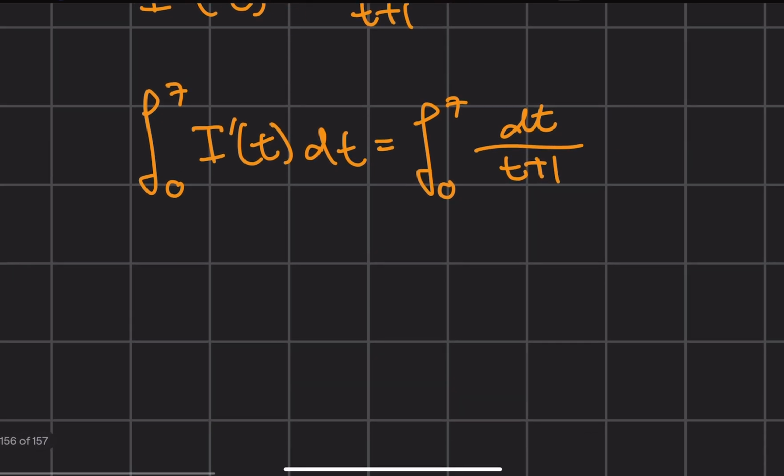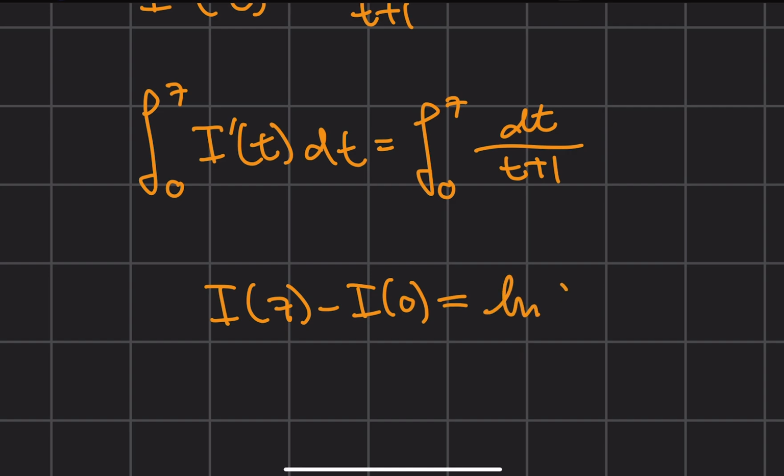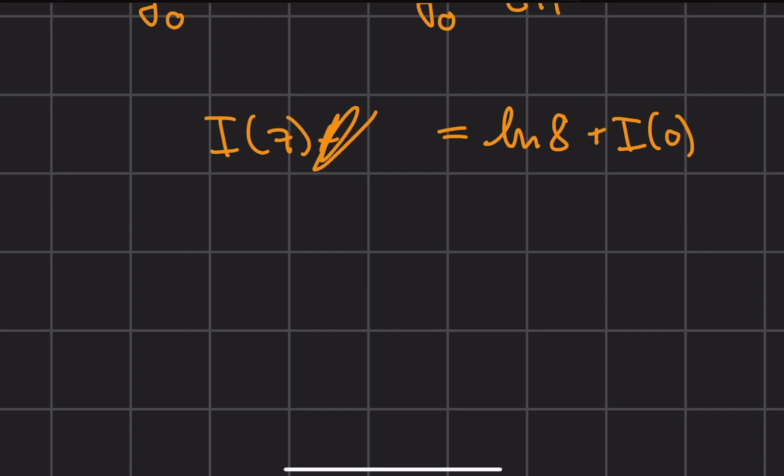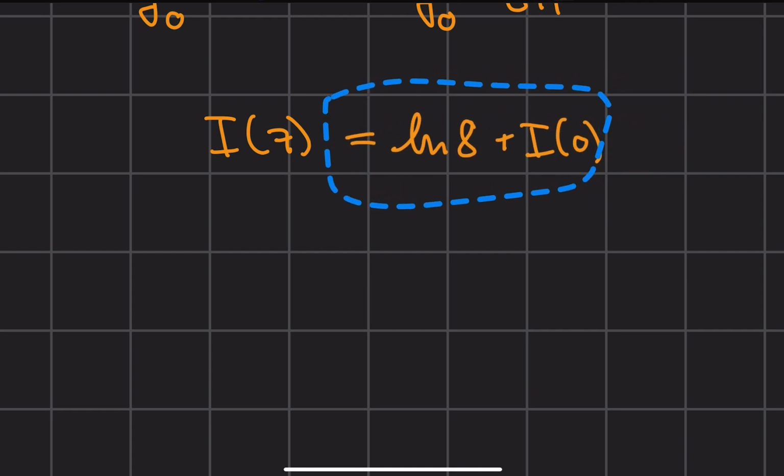And the purpose, like I said, is so that we can get this I of 7, because that is the quantity that we're trying to measure. That's our target integral. And this becomes ln 8. Okay, cool. So moving this to the other side, we add it, and we get this equation for our target integral.